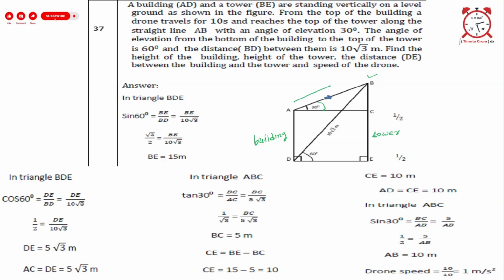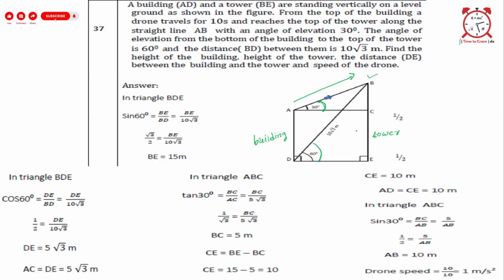So by this straight line the drone is going, making a 30 degree angle. The angle of elevation from the bottom of the building to the top of the tower is 60 degrees. This angle is 60 degrees, and the distance BD between them is 10 root 3.